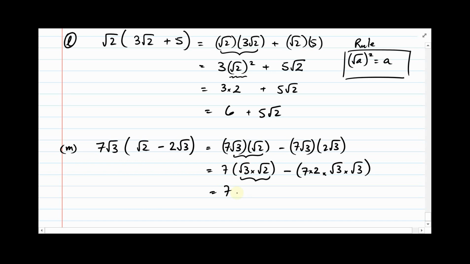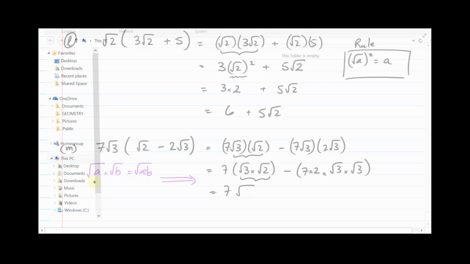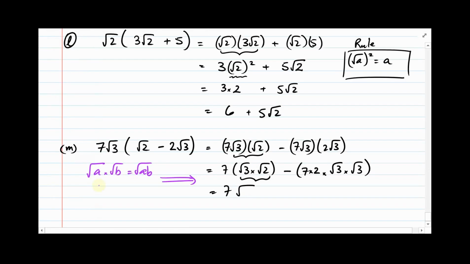Alright, so what do we get here? We combine these. What rule am I using? So I'm using root a times root b is equal to root ab, and for the next part I'm using that root a times itself is equal to a.